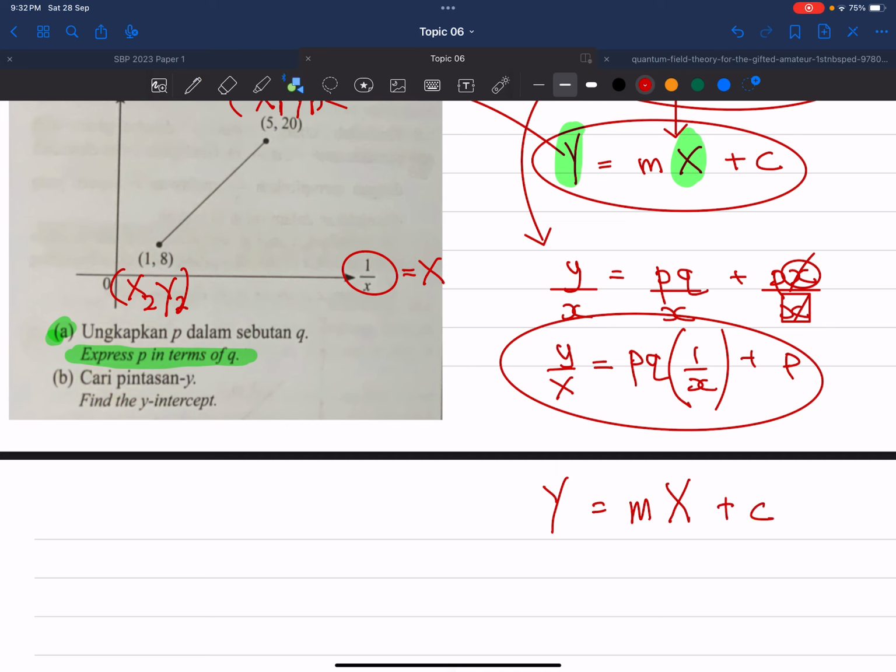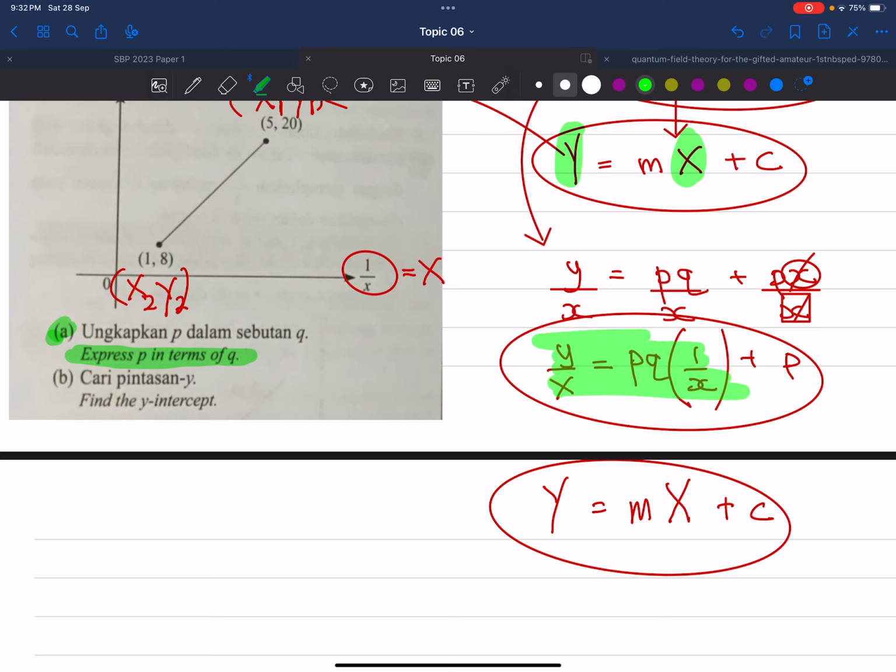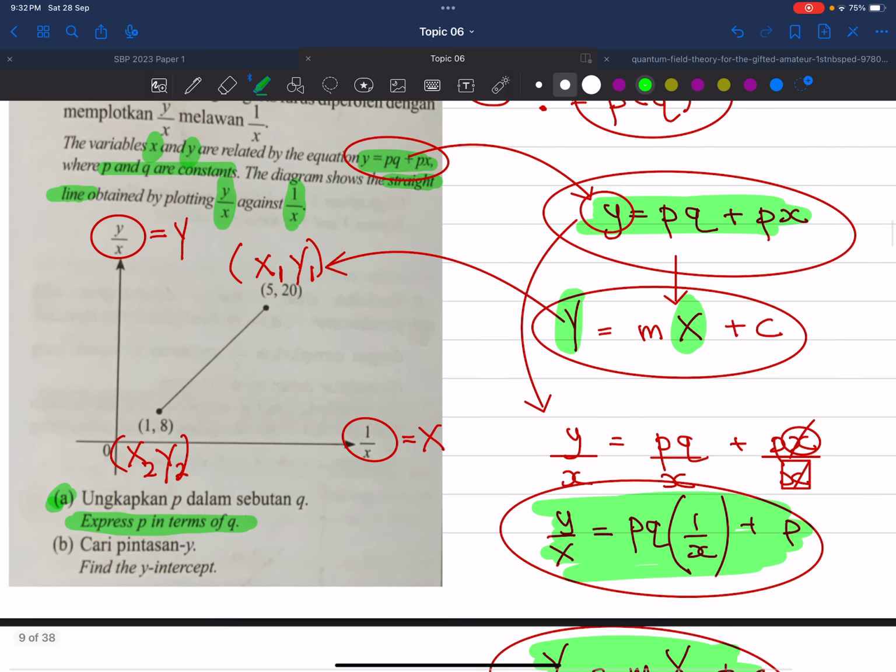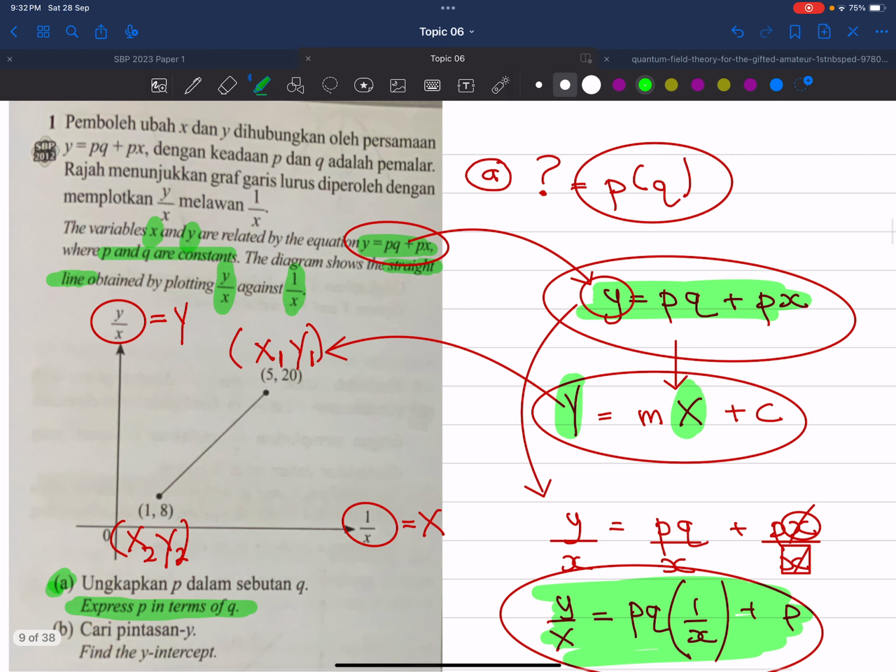By comparing the top equation with the bottom equation, we realize two things. Remember, the question is asking to find p in terms of q.